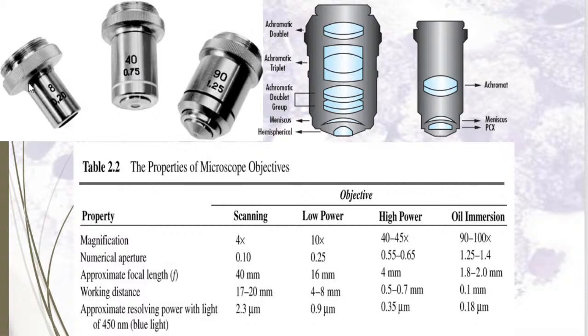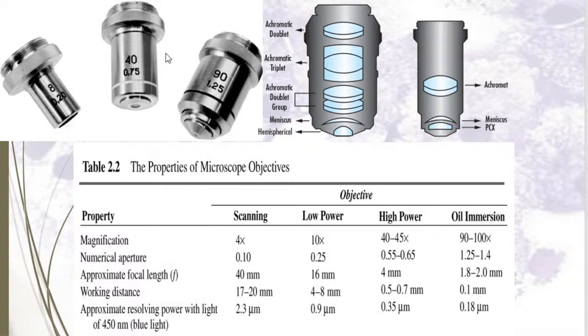Modern objective lenses can be classified into only 3 types. This is the small magnification, 8 and 10 times, the middle magnification, 40 times, and 90 or 100 magnification, which in this case is named the large magnification objective lens.